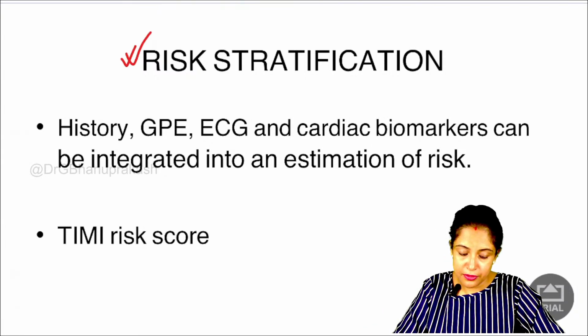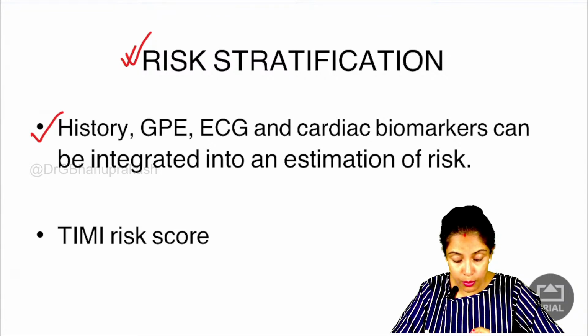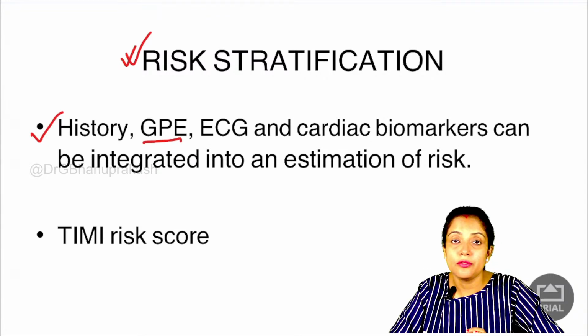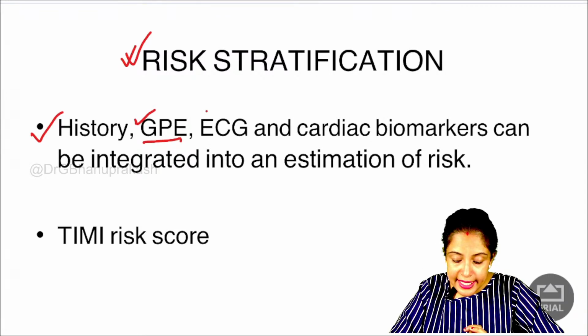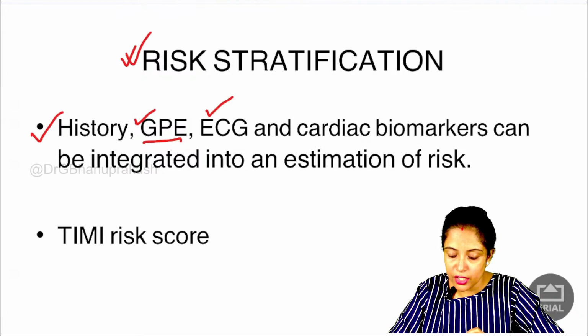So in risk stratification, history is very important, along with general physical examination, ECG findings, and cardiac biomarkers, which can be integrated into an estimate of the risk of a particular patient.